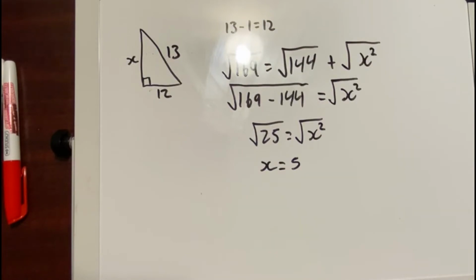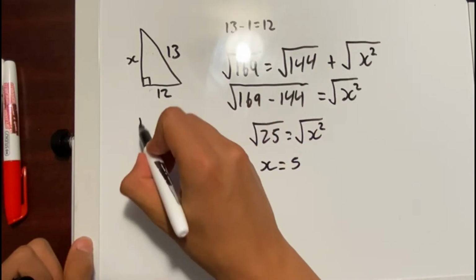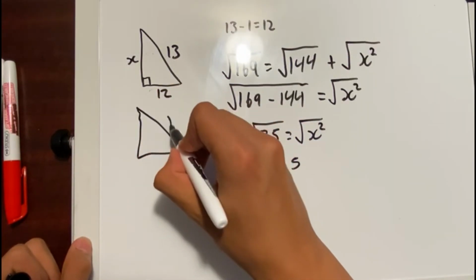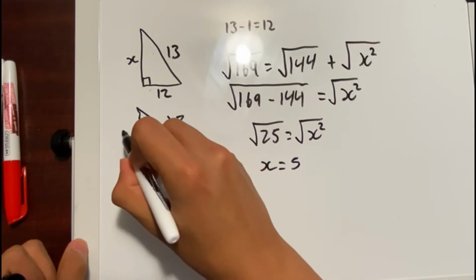Okay, after solving for x, we get x is equal to 5, and there we have our last leg. So the triangle is 13, 12, and 5.